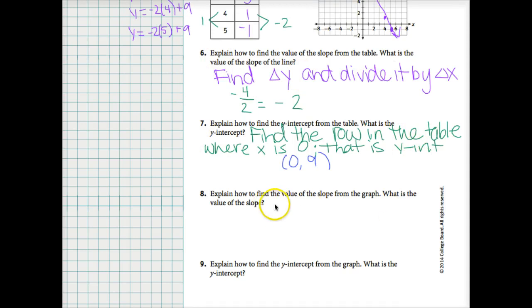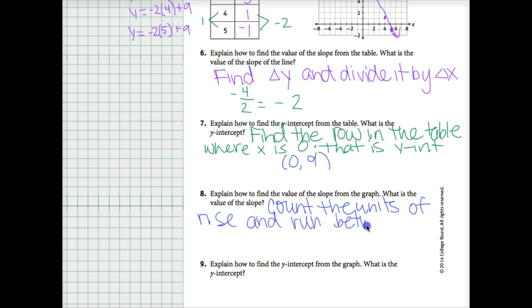So remember that to find the slope from a graph, we need to count the units of rise and run between any two exact points. Slope equals rise over run.